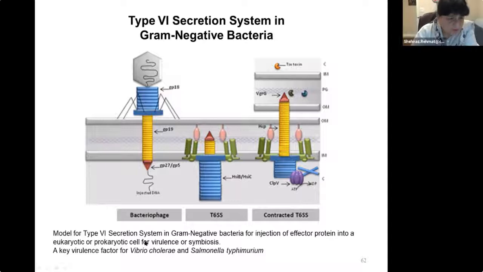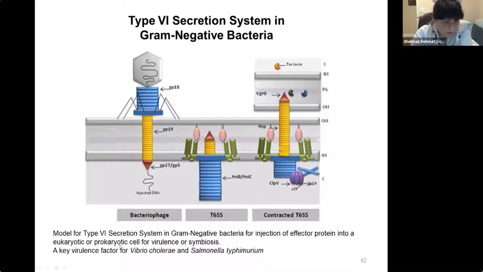So this type 6 secretion system looks very similar to how the bacteriophage injects its DNA, but a reverse of it is seen, where the proteins that are assembled on the inside will contract and allow the core to be projected outwards. This is not the pilus, but the core will be projected out and will make contact with another cell out there.